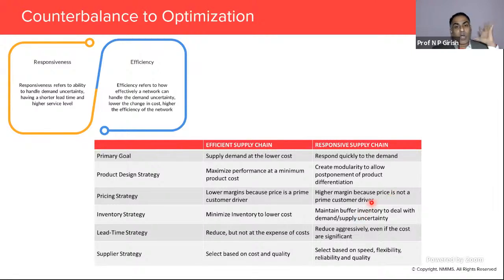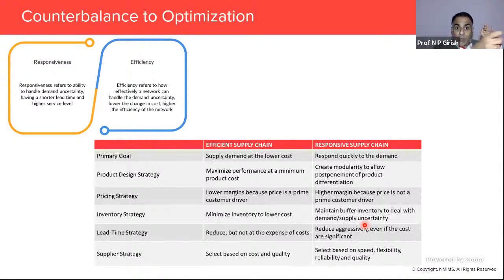Okay, so take it in a broader sense. Lead time strategy: reduce, keep the lead time as low as possible, but don't reduce it at the expense of cost. So even if I have to accept a longer lead time to reduce the cost, I am okay with that. But what is a responsive supply chain? Even if I have to pay extra, I keep the lead time lower.